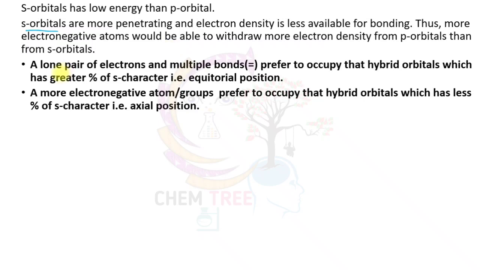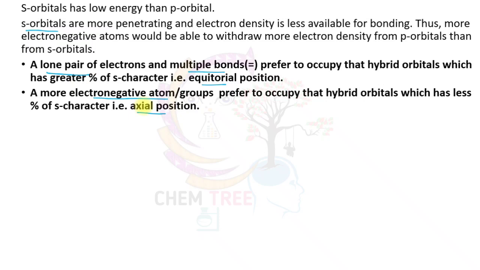By all this, we can say that a lone pair of electrons and multiple bonds are preferred to occupy the equatorial position, which has greater s percentage character, and a more electronegative atom or group prefers to occupy the axial position where the percentage of s character is very less.